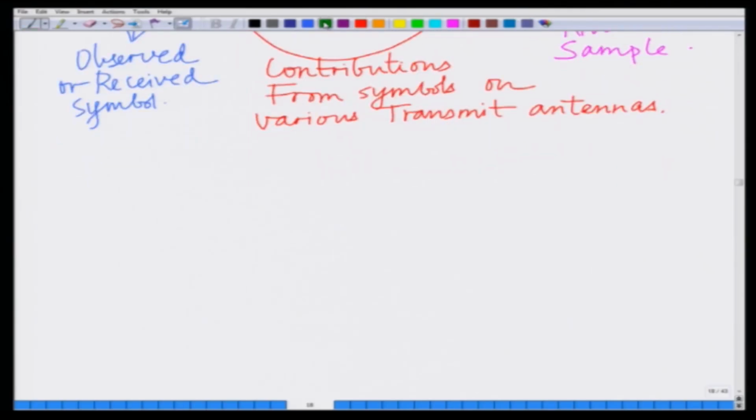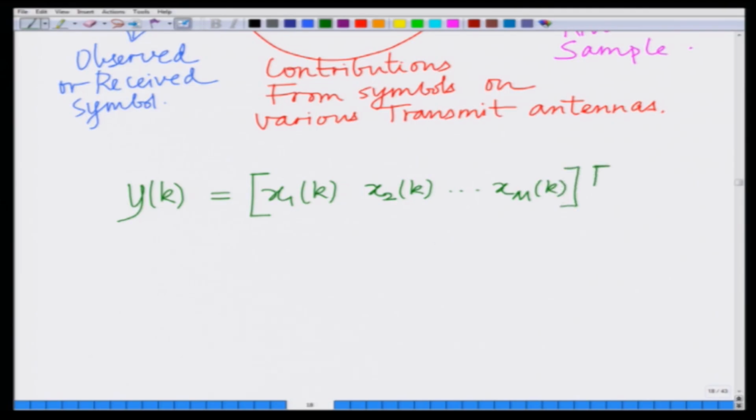I can write it succinctly again using vector notation. We are already familiar with vector notation: yk equals the row vector x1k, x2k, up to xmk, times the column vector h1, h2 up to hm.